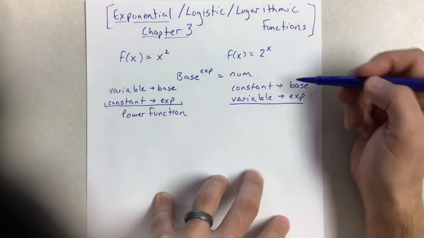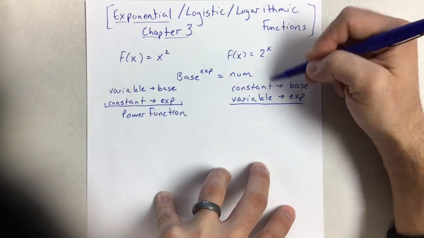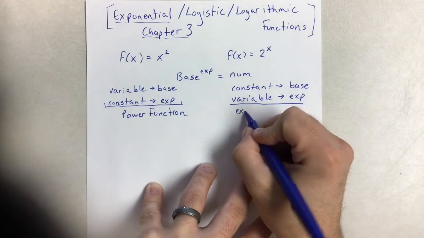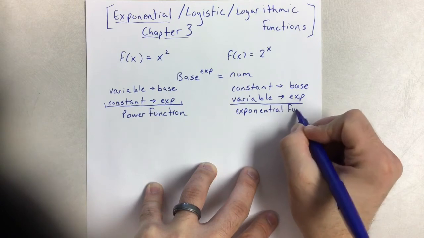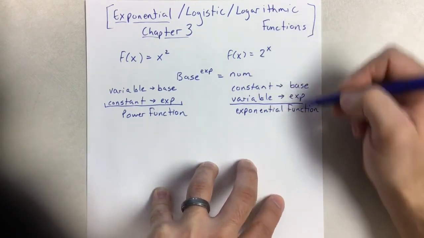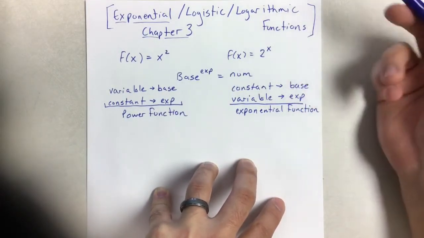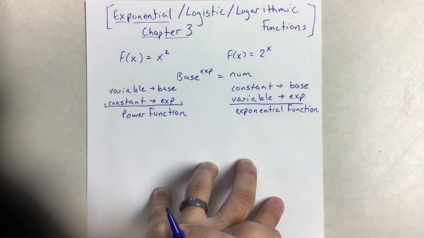So when this occurs, when our base is a numeric value and raised to a variable, we call these exponential functions. And that is how we're going to determine if a function is considered exponential: we examine the base, we examine the exponent, and do we have this combination.